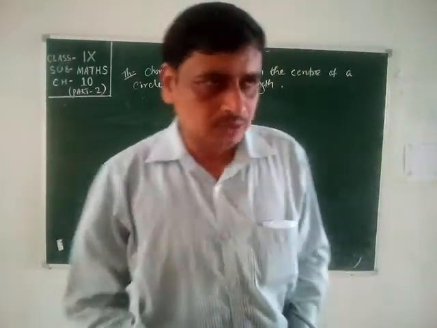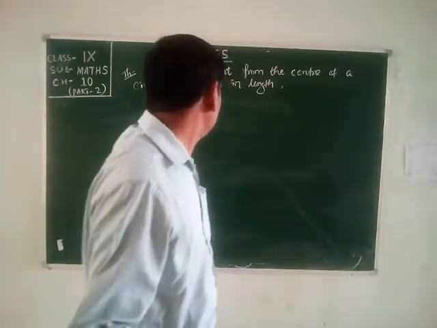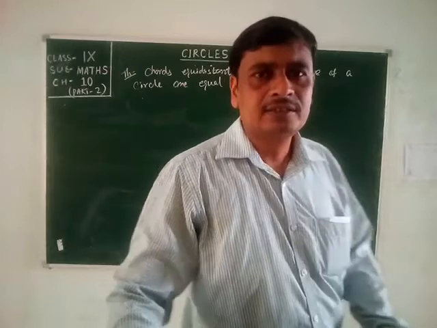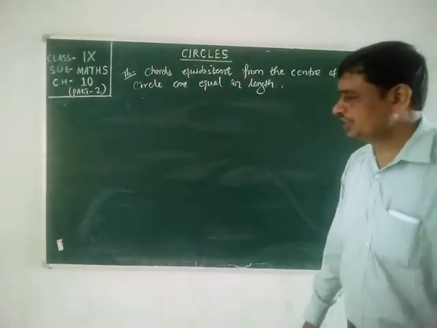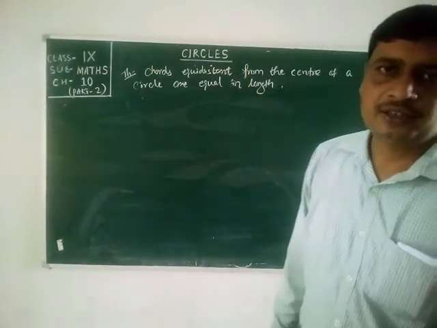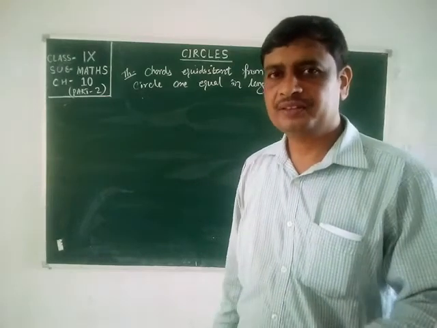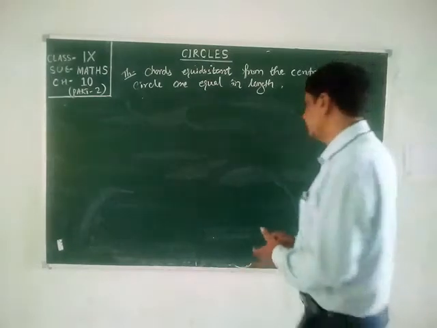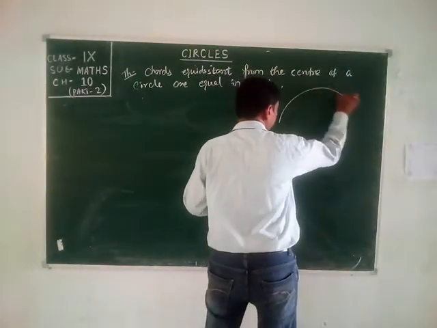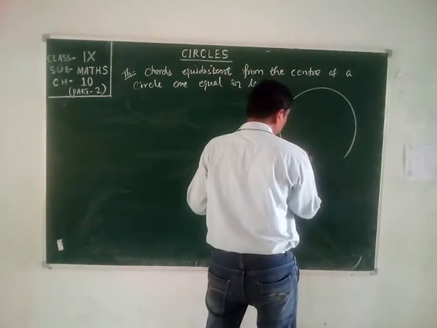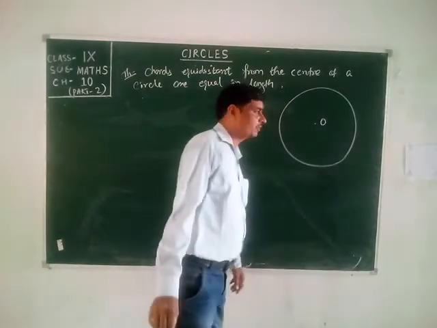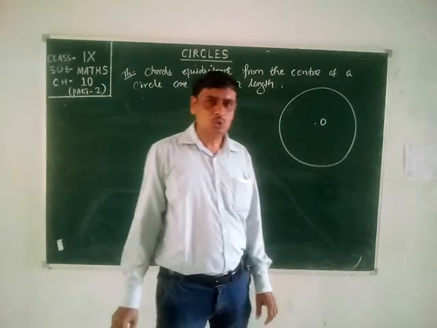So how do we show that if two chords are there in a circle and they are equidistant from the center, both the chords are equal in length? In any circle of center O, we'll take two chords.